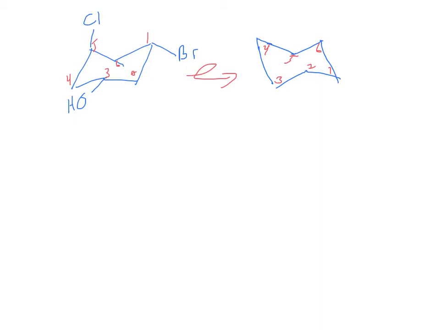But now if I look at this, the way I have it drawn, this bromine is pointing up or down? Down. So when I do a ring flip, where does it have to be pointing? It has to be down. We already know it's going to be axial, so here on carbon 1, axial is down.